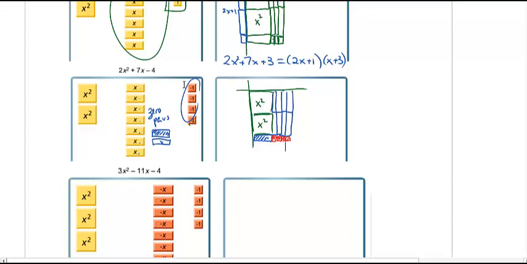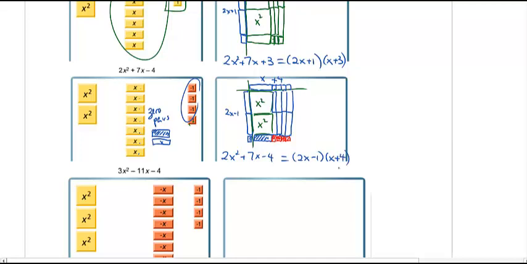And there's my perfect rectangle. Okay? That means my answer at the top here, 1 rod of x, 1, 2, 3, 4. And then down here, 2 x's with that's right, negative 1, so 2x minus 1. So ultimately here, 2x squared plus 7x minus 4 is equivalent to 2x minus 1 times x plus 4.